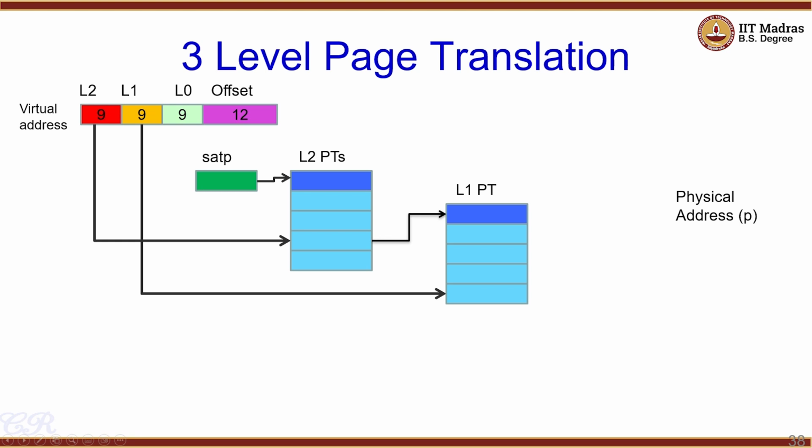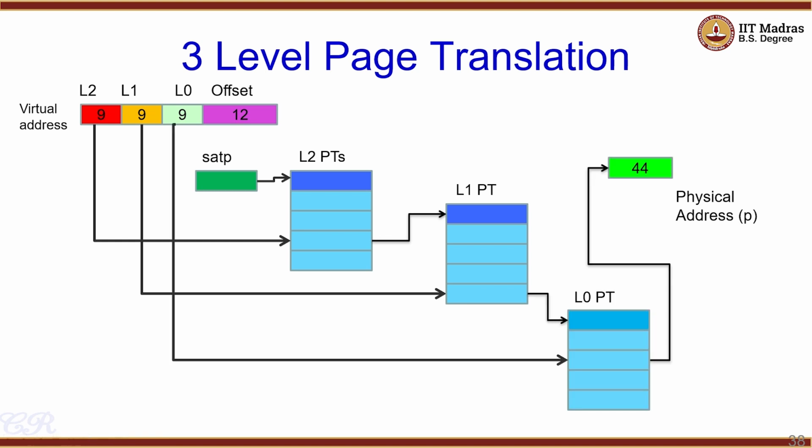So you identify one level 1 page table, index into that, then you have a third page table, and finally from the L0 page table you get these 44 bits of the page frame.